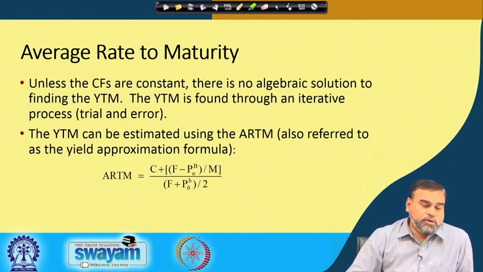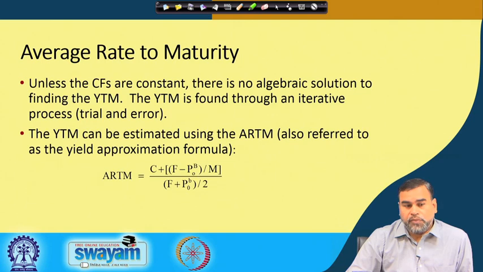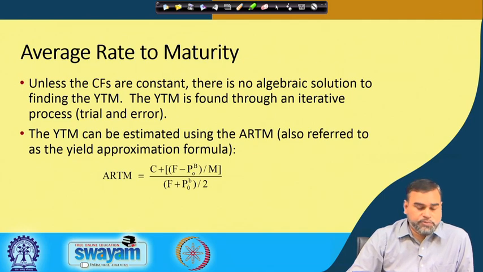That is basically what we call the average rate to maturity. So, we are using the concept of the average rate to maturity to find the close value of YTM which can make the present value equal to the value of the bond. That is calculated using this formula.